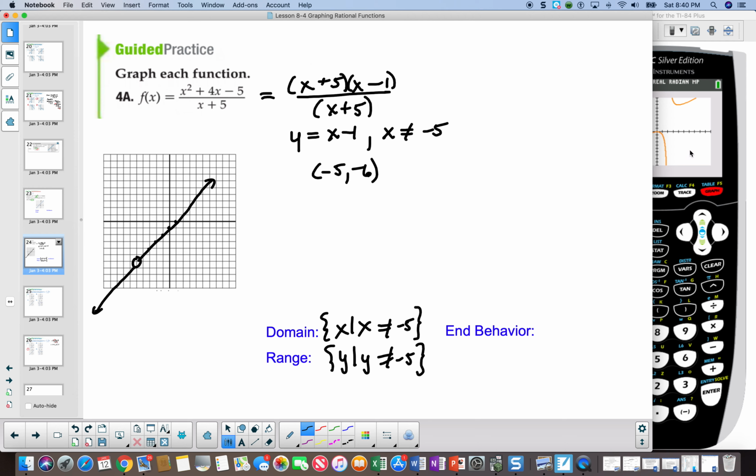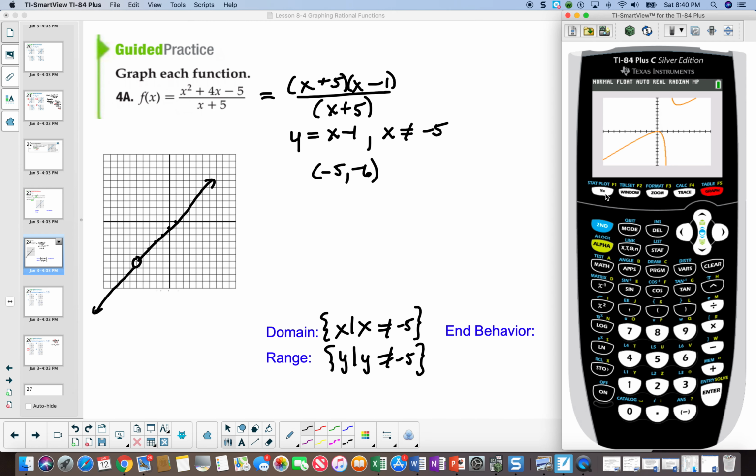Let's go to the calculator and let's see what it looks like. I'm going to change my zoom to zoom decimal. Now, it's hard for us to see negative 5.